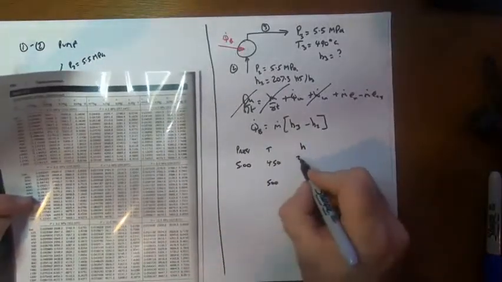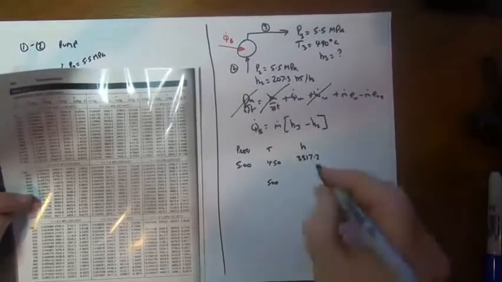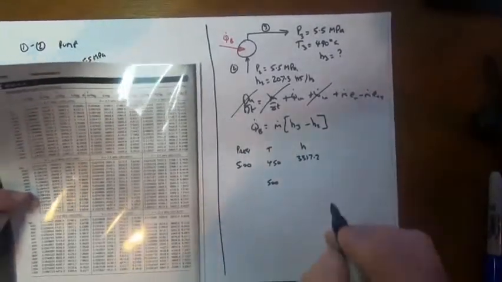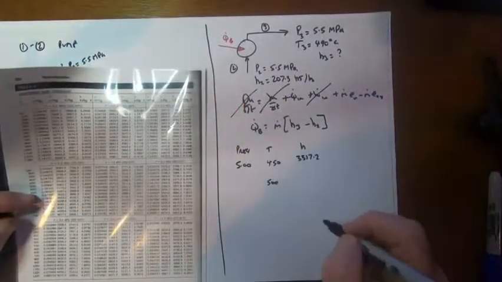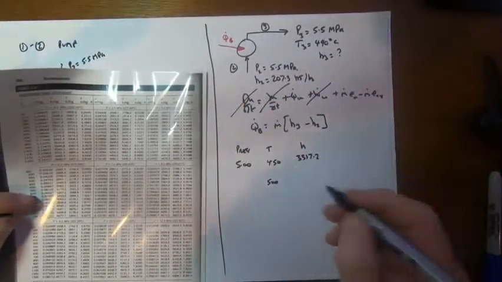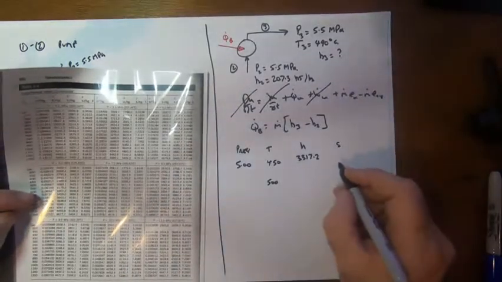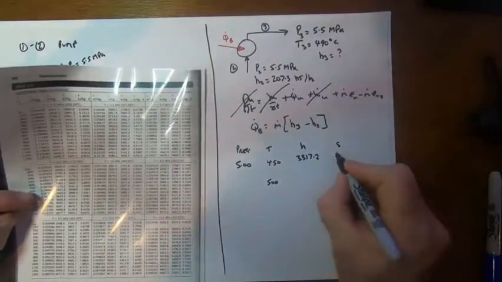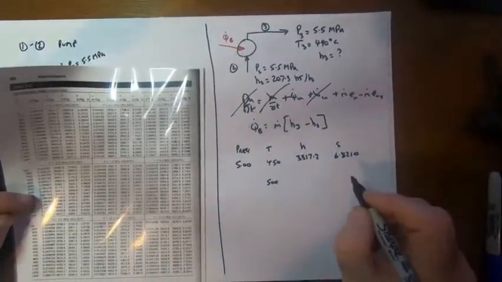It's always good to write out the numbers so you can check and make sure you didn't make a typo later. And I'm also going to do the entropy here. I'm doing the entropy not because I need it in the boiler, but I will need it for the turbine in the next stage. So I'm going to write the entropy down as well. So that comes out to be 6.8210. If I didn't do it now, I'd just have to come back and do it later.